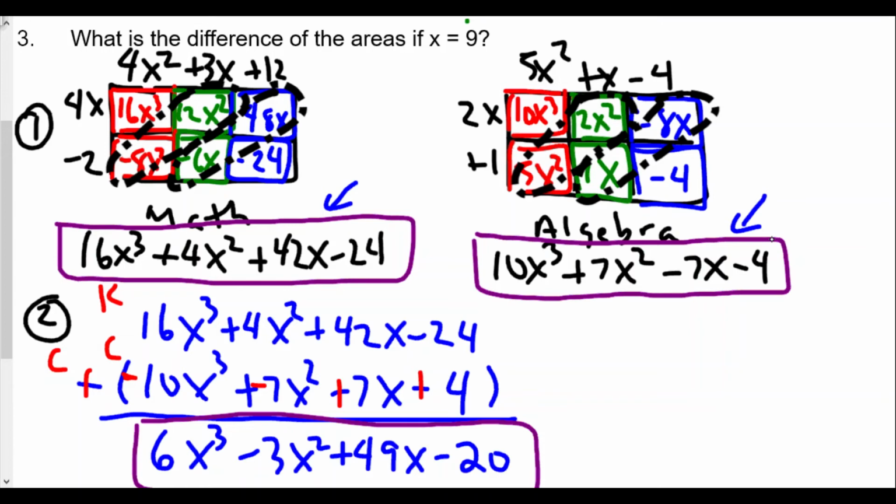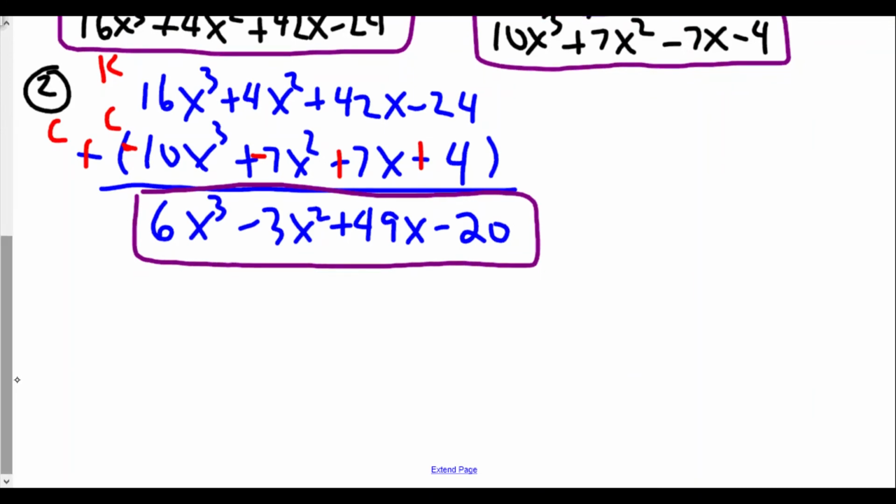You could do that as well, and hopefully get the exact same answer. Or, because in this case we've already done all the work for part 2, we found the difference in terms of x. For the third one, we can plug in 9 into this expression, because that's the difference in the area.